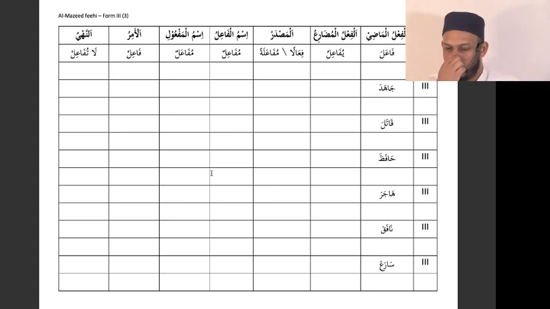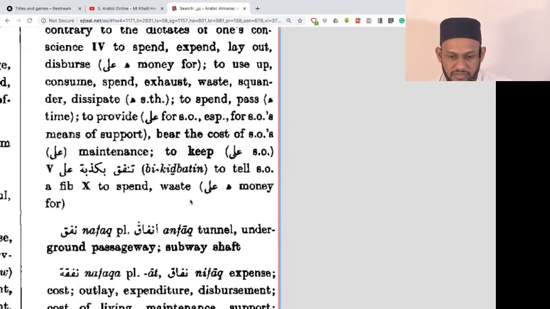So nafaqa, he showed hypocrisy. Yunafiqu, he is showing hypocrisy. Nifaq means hypocrisy. Munafiq is the hypocrite, the one who shows the hypocrisy. Munafaq, it's difficult sometimes, but let's say it's that which he shows hypocrisy about. Nafiq, show hypocrisy. La tunafiq, don't show hypocrisy. And I mentioned in the previous lesson, but I'll just mention again here.